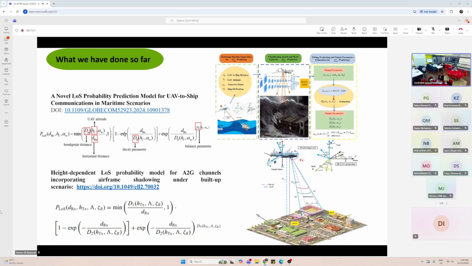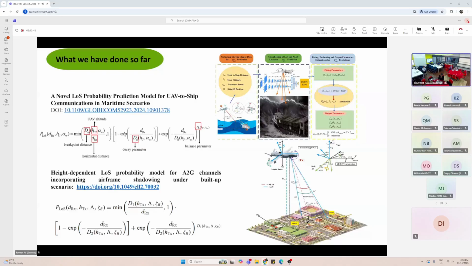In this second model, we added a building scenario and the value of the airframe shadowing factors, taking the decay parameter and balance parameter from our previous equation model, just with the addition of the building parameters and the airframe shadowing parameters.